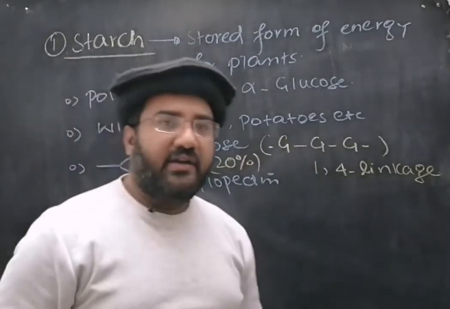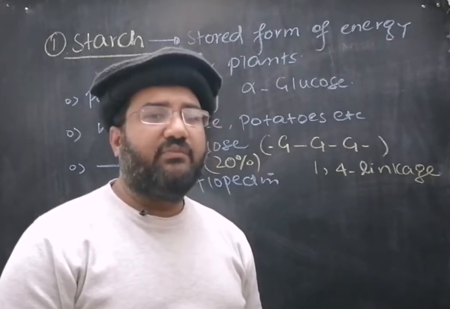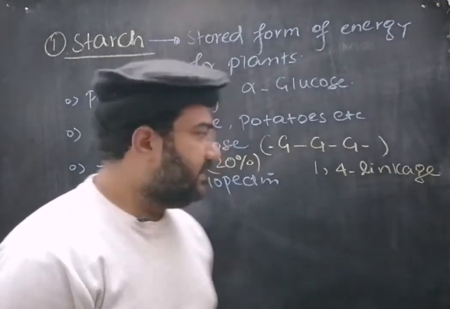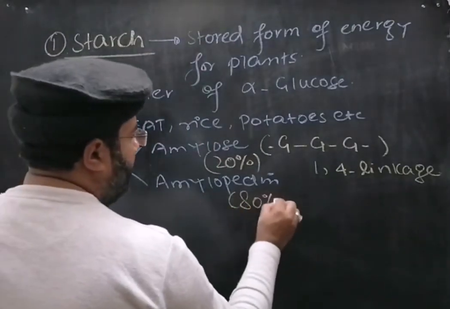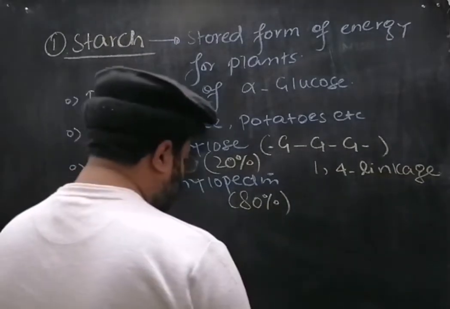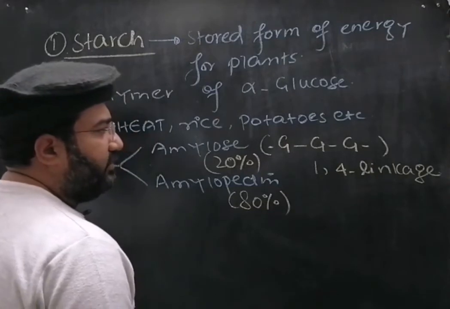And keep in mind that amylose on treatment with iodine solution forms a blue or violet color because of the formation of a complex. And amylopectin, which is 80% of the total starch on this planet, is basically a branched chain structure of glucose units.